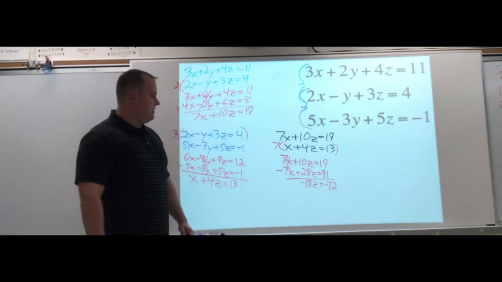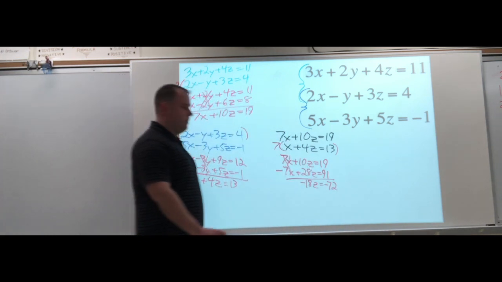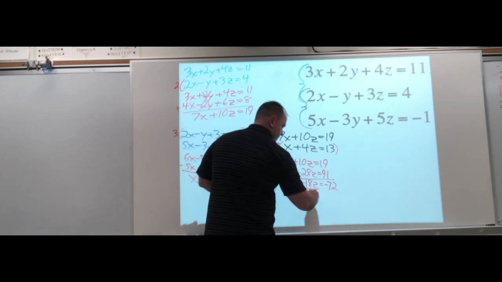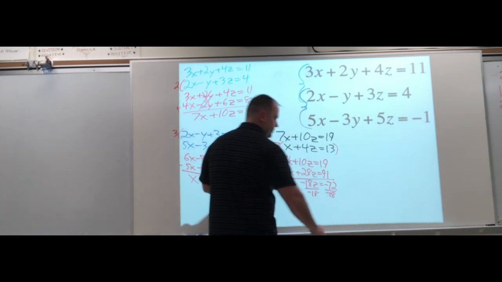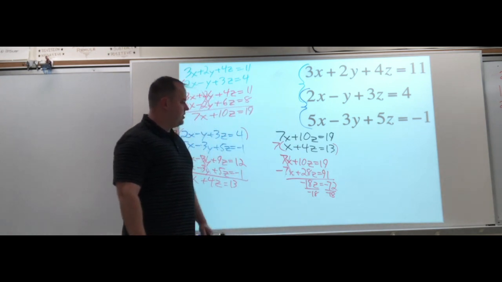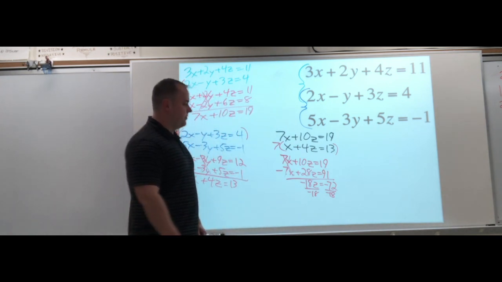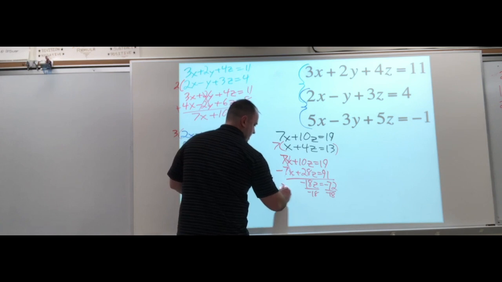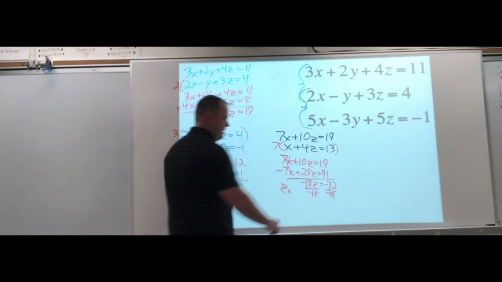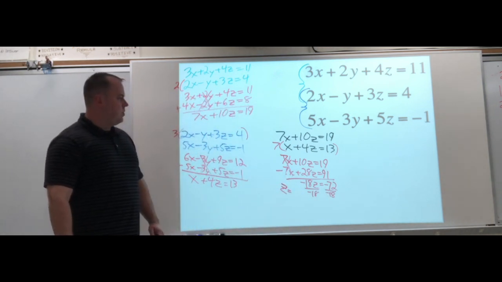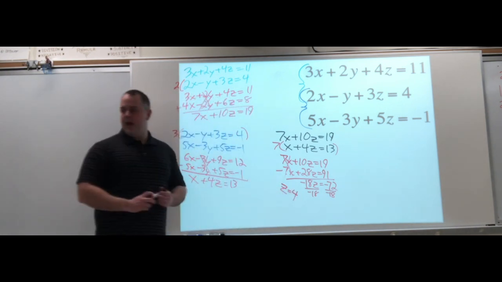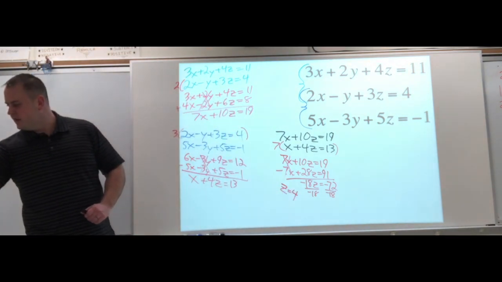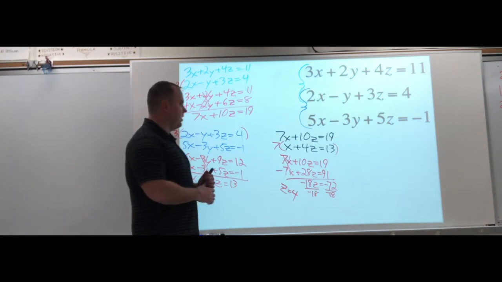So we have negative 18z equals negative 72, divided by negative 18. And that should end up being z equals 4. Double check my math there real quick. Yep, z equals positive 4. I'll check my answer key. Yep, okay, we're at z equals 4.